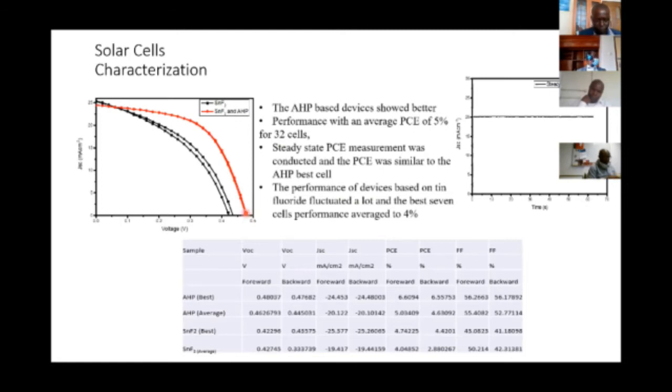And also, I think we have improved fill factor. It means that if we have better films, we can have better solar cells, and the stability will also be improved. This one is just a confirmation of this.